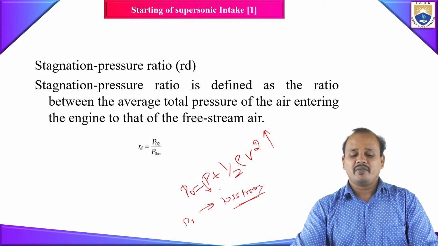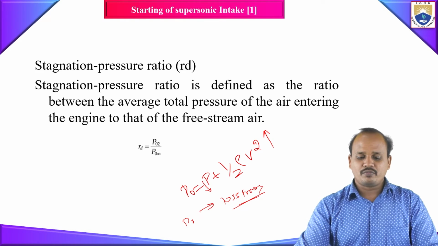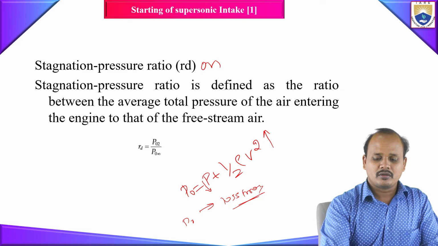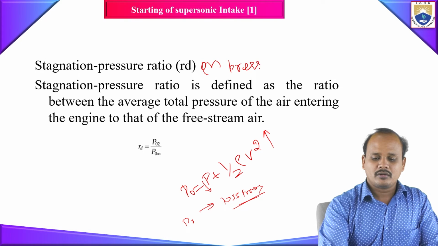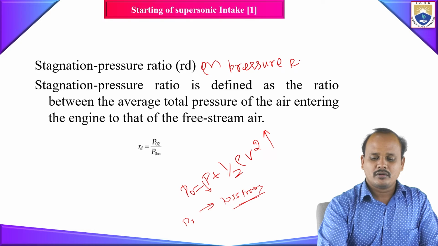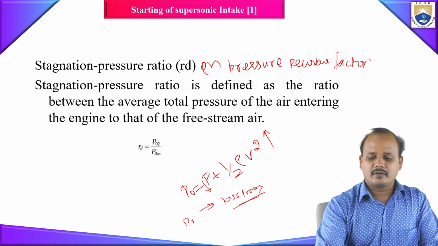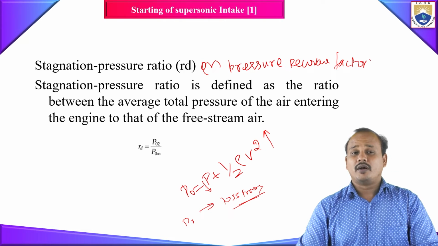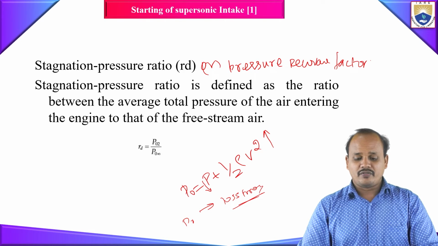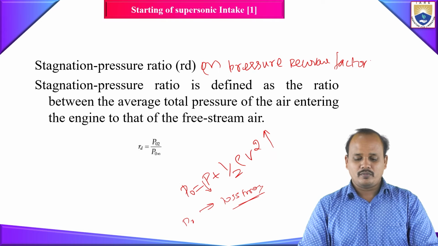Another parameter which we use to measure the performance of your intake is the stagnation pressure ratio, or pressure recovery factor. It is P02, the total pressure at the exit of your intake, divided by the total pressure of your free stream flow.